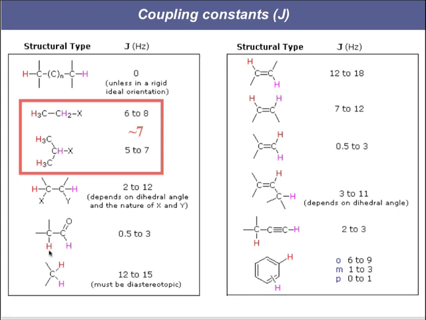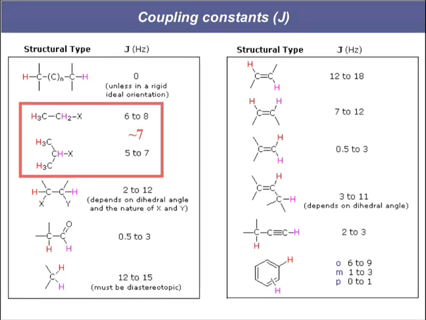We saw that sp3 to sp2 neighbors could be around, say, 1 to 3. This slide says 5 to 3. If you have what we call diastereotopic hydrogens, meaning hydrogens that are different because of a chiral carbon, they can actually split each other, and they can split from 12 to 15.